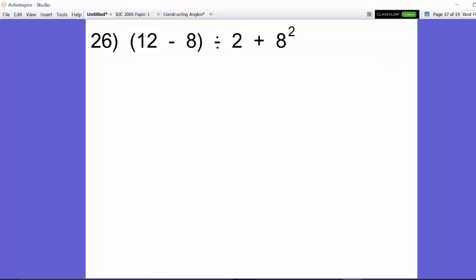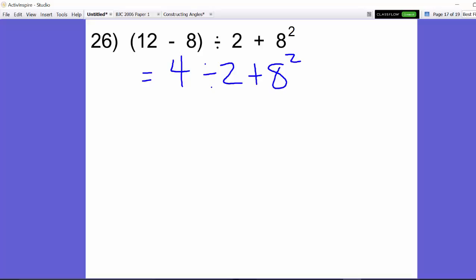Moving on. Now we have brackets, so we're going to work our brackets first. In our brackets, we have 12 minus 8. Although we have division, which should come before the subtraction, because the subtraction is inside the brackets, we're going to subtract first. So 12 minus 8 is equal to 4. So now I have 4 divided by 2 plus 8 squared.